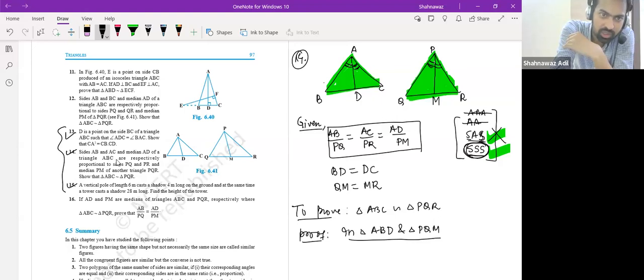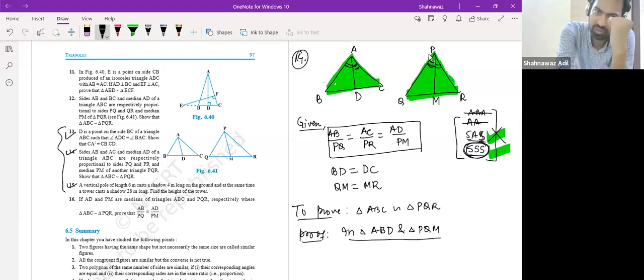So what should we prove? We have to prove triangle ABC is similar to triangle PQR, right? This we have to prove.